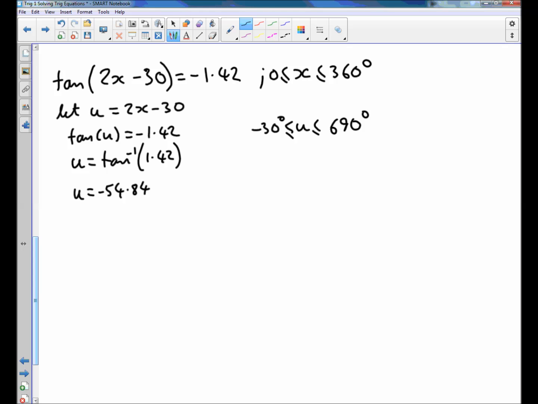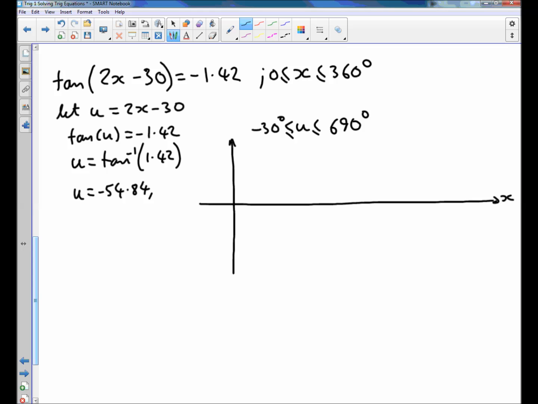So my first solution is actually not going to be my principal solution. For my first solution, I'm going to need my first secondary solution. So first things first, let's start drawing. Let's sketch us a graph of tan x between minus 30 and 690.